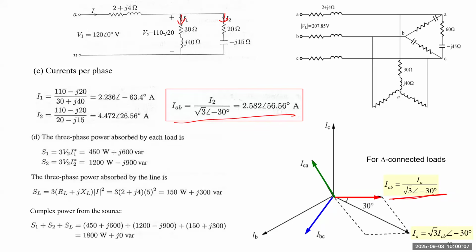Finally, we can just calculate the three-phase complex power. So three-phase complex power has real power 1800 and 0 reactive power, and line loss will be the line impedance multiplied by the current squared and multiplied by 3. Okay, so this is our last slide.